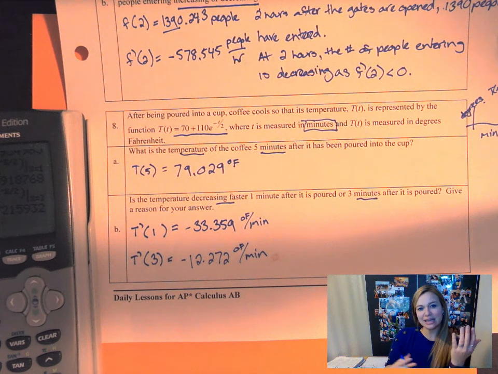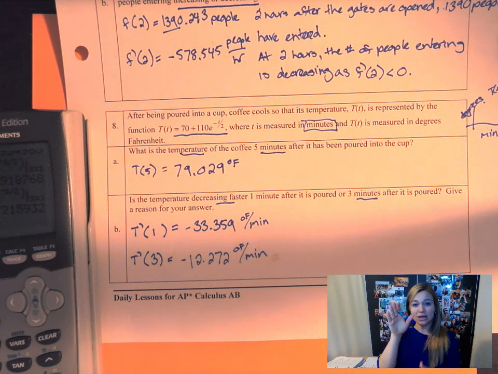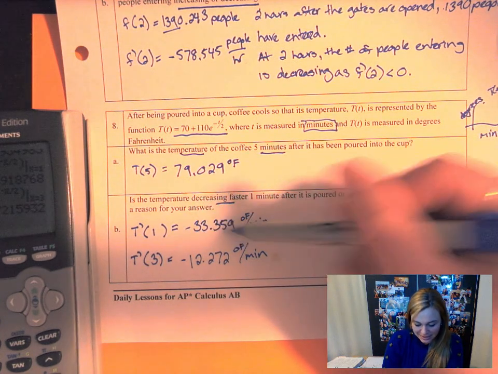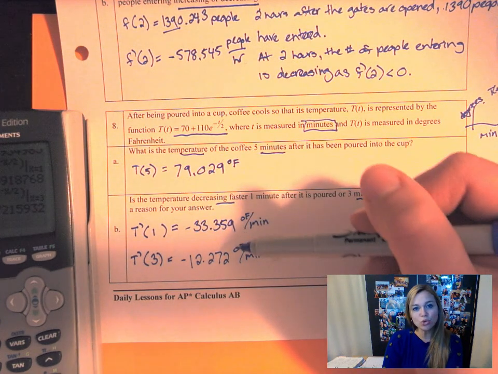It's not like if you sit it on the counter it's going to turn into ice. What's going to happen is that it's going to cool really fast, and then as it gets closer to room temperature, it's going to even out a little bit. That would be weird if it kept cooling forever. That would be kind of a crazy superhero type business.